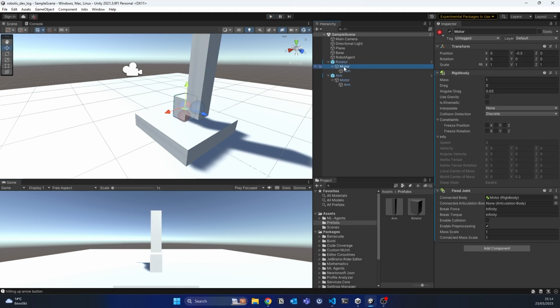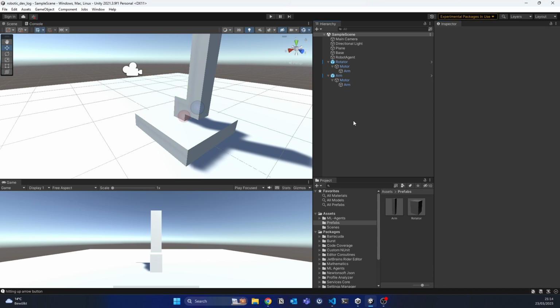Let's try this again. So here we have a fixed joint. This is the rigid body that is here. What is an articulation body? Okay, let's see.